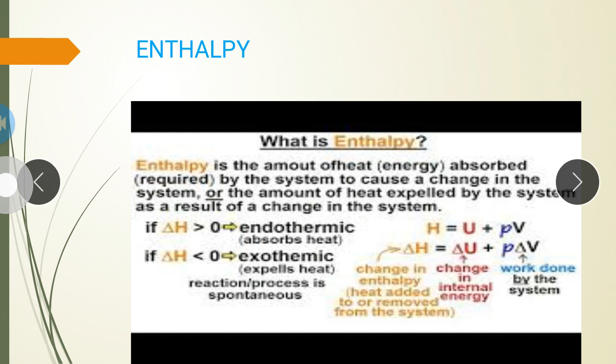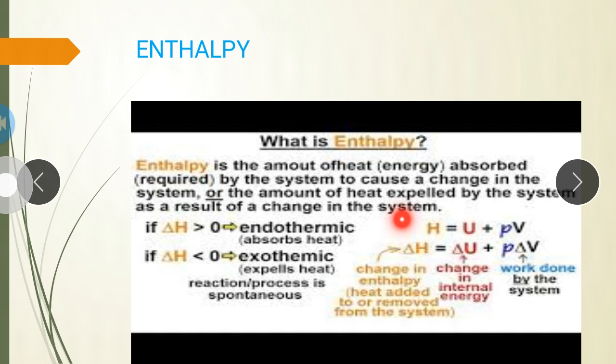If the change in enthalpy is less than 0, if we are getting the value in negative, then the system will be exothermic, that expels heat, releases heat. So the process is spontaneous.